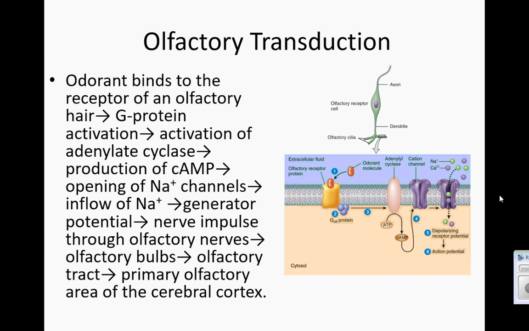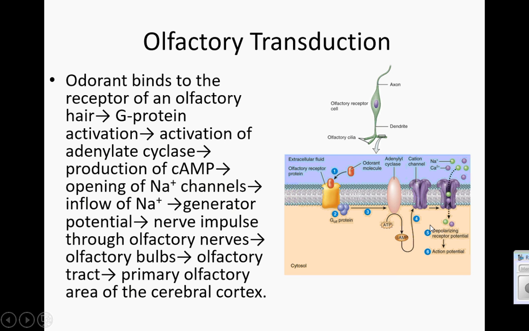That then activates what we call a G protein on the inside of the cell, which then activates an enzyme called adenylate cyclase, which converts ATP to cyclic AMP. This is our second messenger right in here. Cyclic AMP then triggers the opening of cation channels. Things like sodium can rush in.